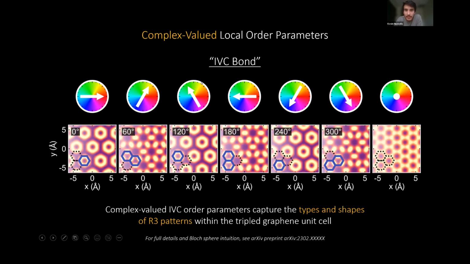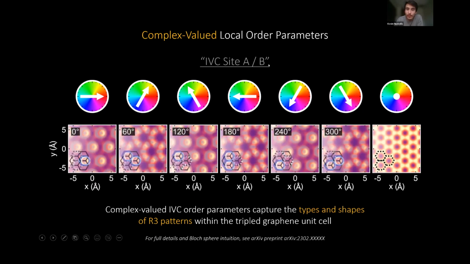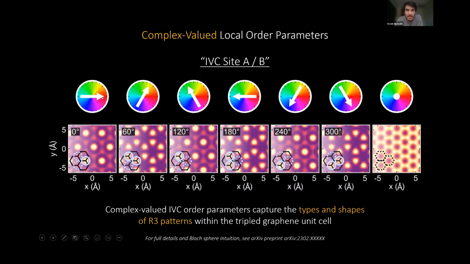So the complex phase factor is effectively telling us the shape of the R3 pattern within the new tripled unit cell. Although all of these three show tripled unit cells, they're all bond-centered, and they can be distinguished in our local order parameter analysis. Likewise, if we look at IBC site A and site B and modulate the complex phase of these parameters, we find that they all show a tripled unit cell.